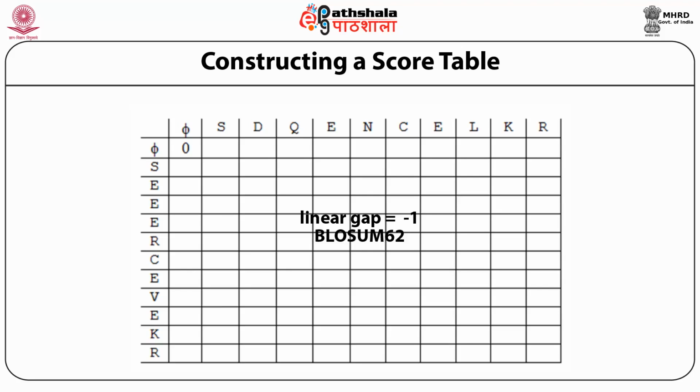An arbitrary character such as psi is placed before both the sequences to signify that every sequence begins with a gap. The first row, first column cell is left blank. A 0 is placed in second row, second column cell to signify the alignment of a gap with a gap.